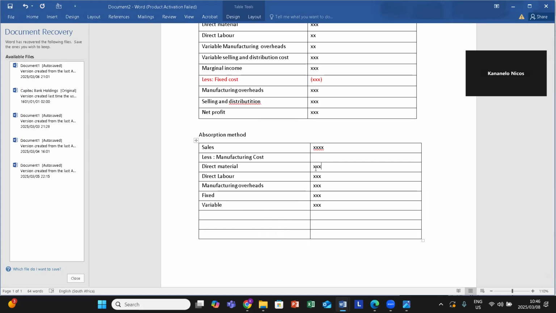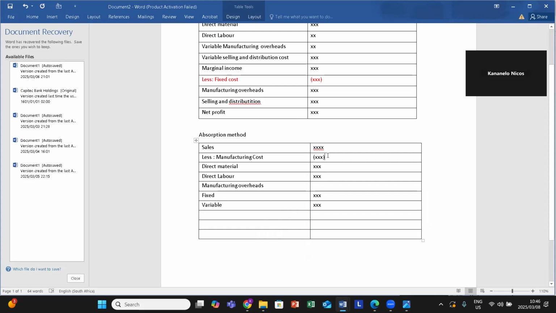Our rent is not affected by production. Whereas the variable ones, we talk about the likes of water and electricity and so forth. When we add our direct material, direct labor, fixed manufacturing overheads, plus variable manufacturing overheads, we get the manufacturing cost, which is the cost that we incurred when we produce a certain item.